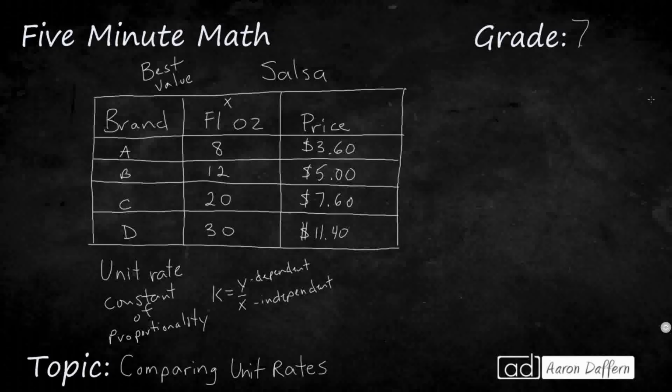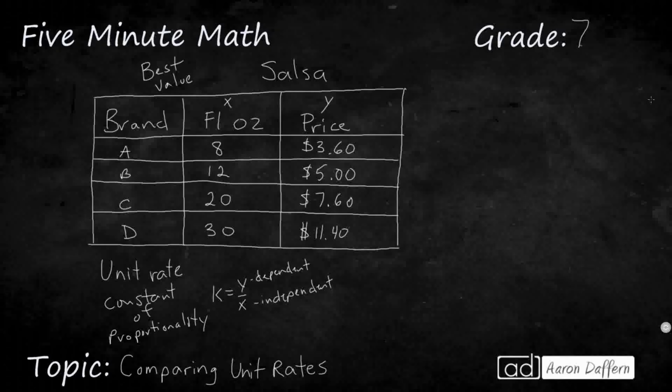That's how they come out of the factory: 8, 12, 20, and 30. That's independent. What depends on that, the dependent variable value, is the price. Depending on the size of the salsa, the price changes. It doesn't work the other way around. The price doesn't dictate the size. The size dictates the price.